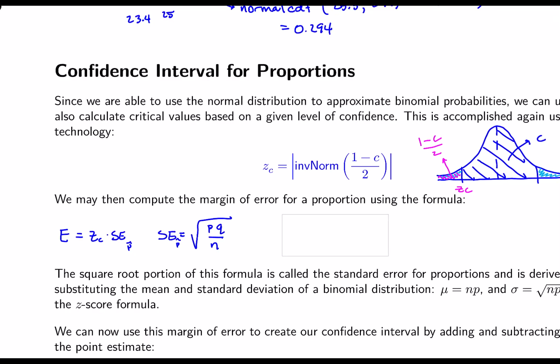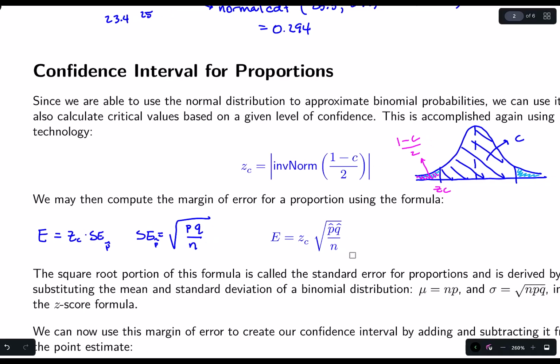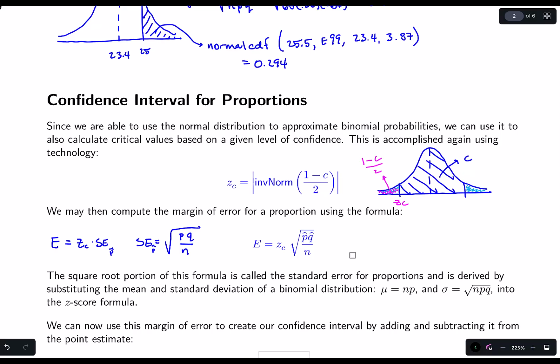And that's why the formula for the margin of error here looks the way it does. It's z sub c, that critical value, times the square root of p hat times q hat over n. Now, we're using p hat and q hat in this case only because p and q wouldn't exist. You see, we're trying to estimate the value of p, which is the population proportion.